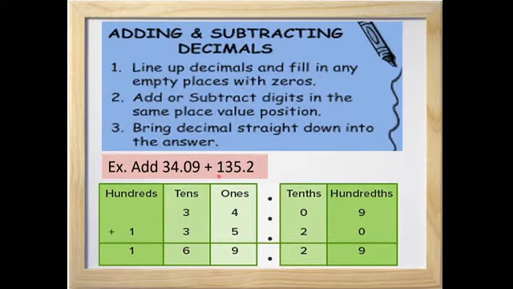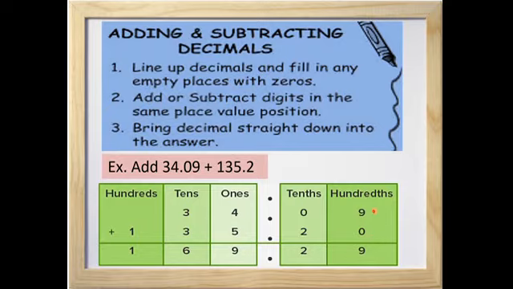So here 1 lies in the hundreds place, 3 lies in the tens place, 5 lies in the ones place, and 2 lies in the tenths place. So to convert this number into a like decimal, we have to put 0 in the hundredths place such that these two numbers are like decimals.